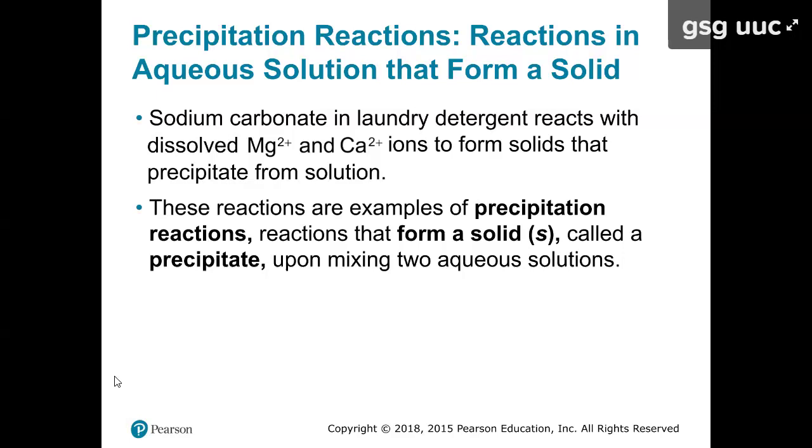And that's really important because of that predictive power, I can start to identify my products. I can look at it and say, okay, based on the solubility rules, barium sulfate is insoluble. I see a white solid in my test tube. That must be the barium sulfate.